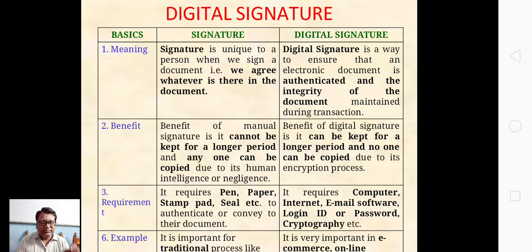A digital signature is on an electronic document, with the same content as what we write and sign on plain paper, but the most important thing is authentication: you are provided a username and password which cannot be given to any other person. The second thing is integrity.